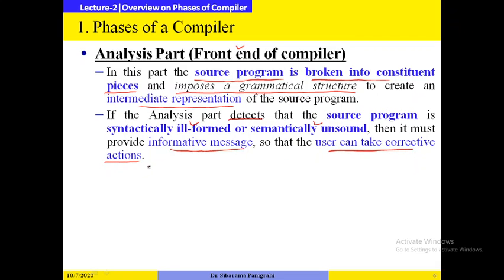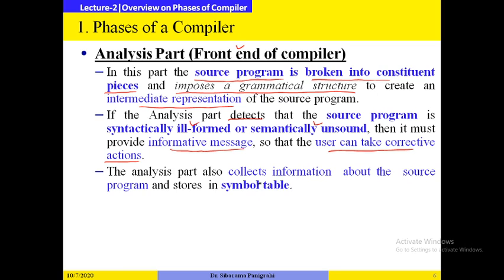While you are translating your C programs into an equivalent target program, if you have any error in the C program, it generates an informative message like semicolon is missing, undefined variable. So that the user can rectify the mistakes, and then it will translate it into a functionally equivalent target language.